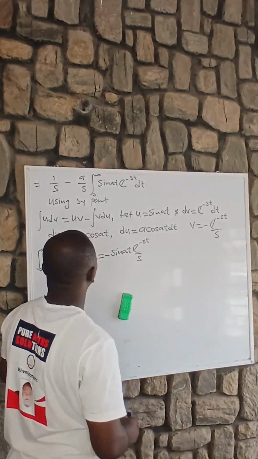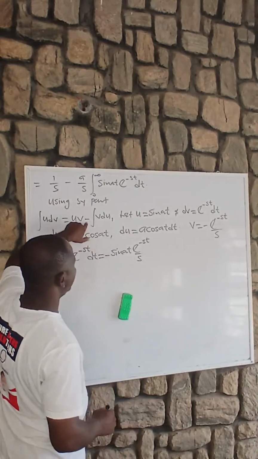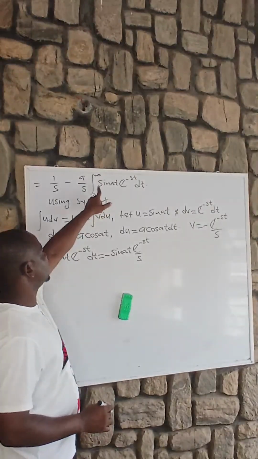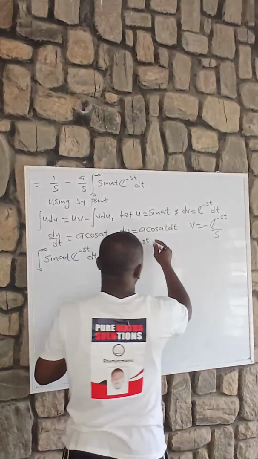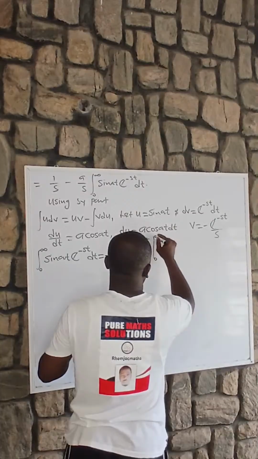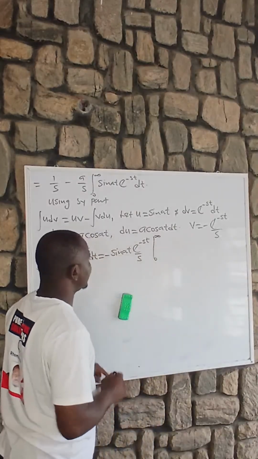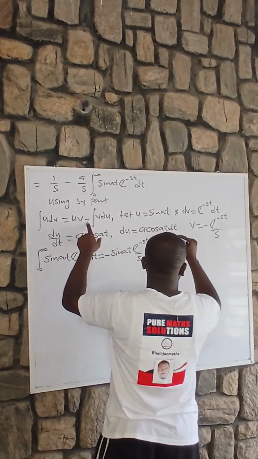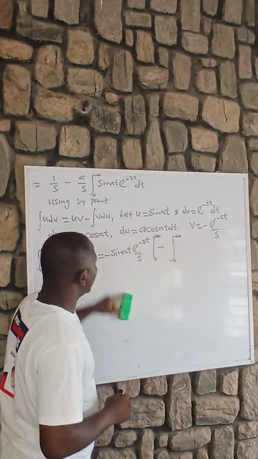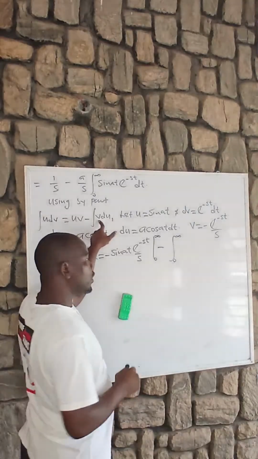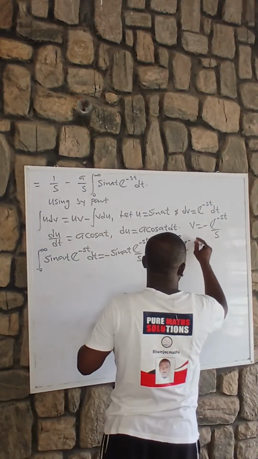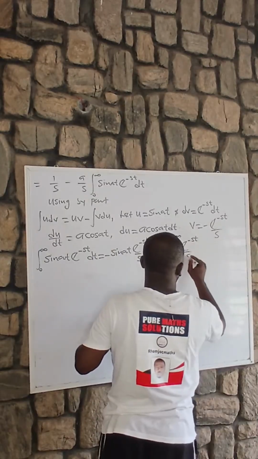Okay, yeah. So what we have here, minus, but mind you, we have a definite integral running from 0 to infinity, then minus integral 0 to infinity. V is minus exponential minus st all over s.